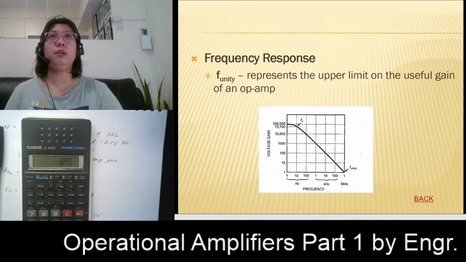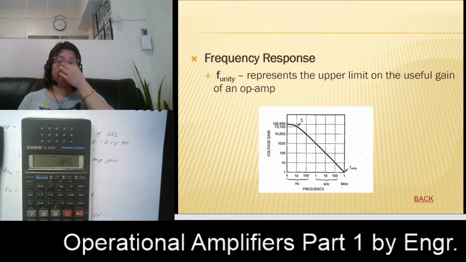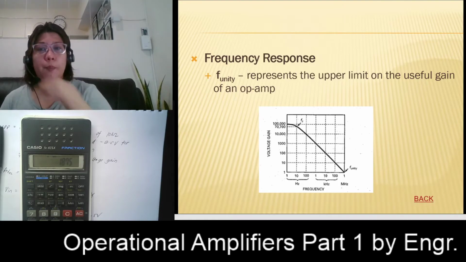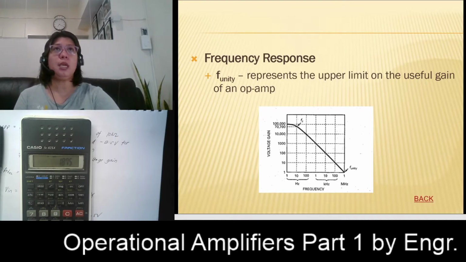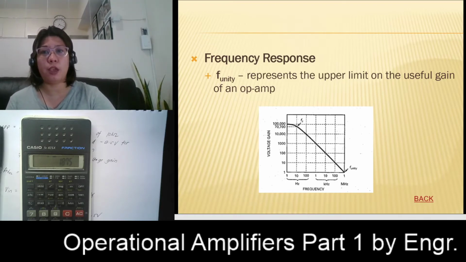So how about the frequency response? Okay, so this is the frequency response for your 741 op-amp. F unity represents the upper limit on the useful gain of your operational amplifier. So what do we mean by this?